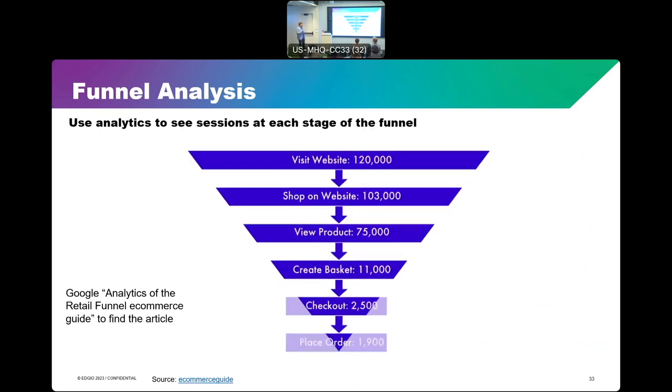So this supposes 120,000 views to the site, subset will shop, a subset of that will view products, create a cart, check out, place the order. This is percentages of what are the drop-offs. So for example, of the 75,000 who view a product, 11,000 create a cart. That's 14%.